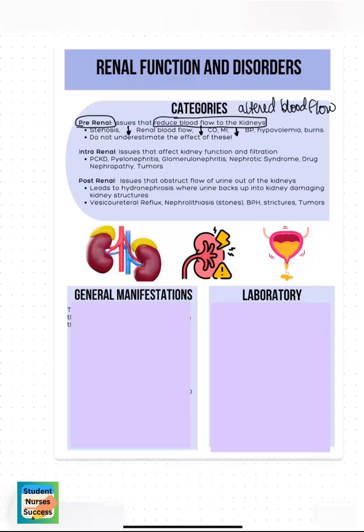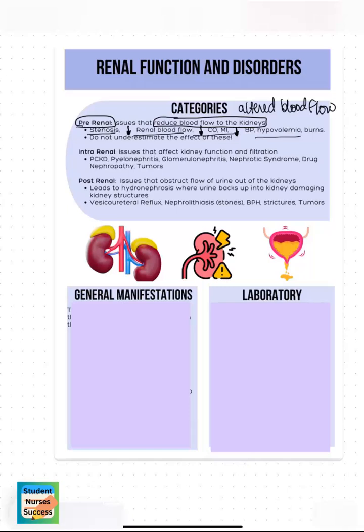Things like renal artery stenosis, general decreased renal blood flow, decreased cardiac output, such as what happens in a myocardial infarction. And in fact, myocardial infarction is a common cause of prerenal problems. Decreased blood pressure or hypovolemia, anything that reduces blood volume is going to reduce blood flow to the kidneys.